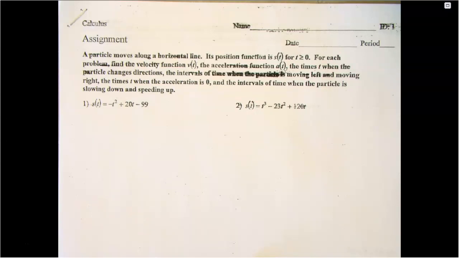And the derivative of position is velocity. And the second derivative of position, or the first derivative of velocity, is acceleration. We've talked about this as we've gone, but I'm making sure we have it in notes.